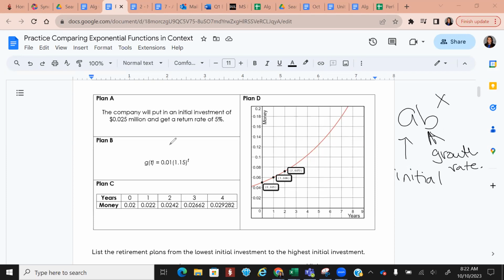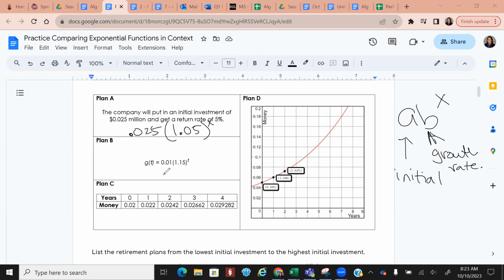So when we write out this equation, we're going to say 0.025, because that's what we started with, times 1.05. We're going to raise it to the x. The reason why we put 1.05 is because we can't just have 0.05 here because we won't have the amount that we've already gotten plus some.